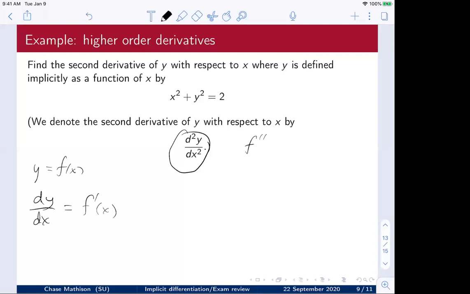And f double prime, the way we write the second derivative of y with respect to x, and this is really just a notation thing, this isn't a new concept at all, but the notation we use is d squared y over dx squared. When I was first learning calculus, this annoyed me so much.